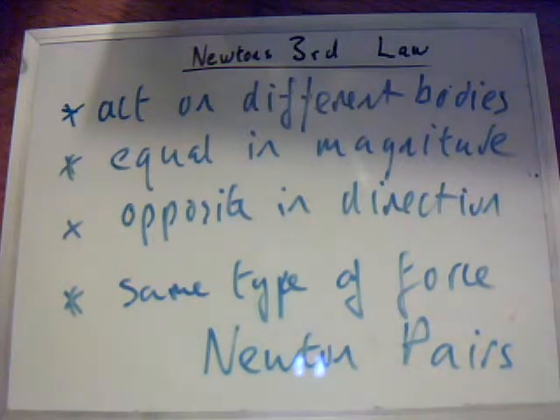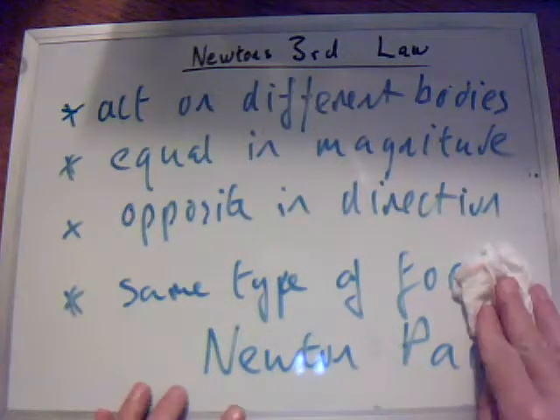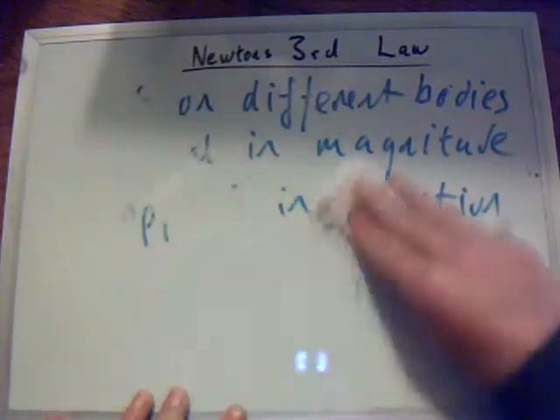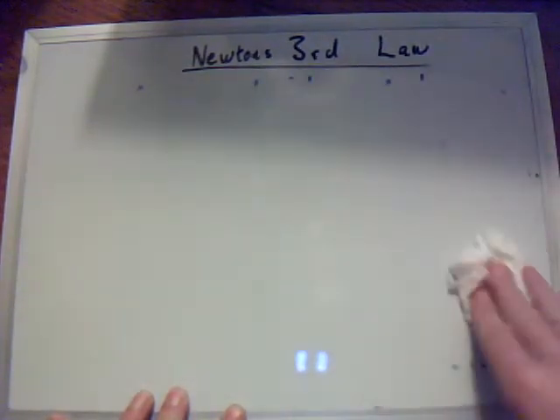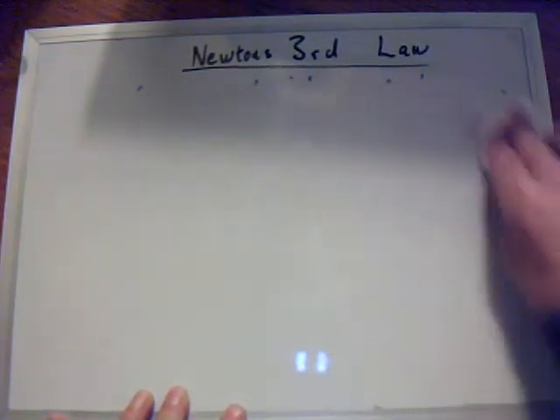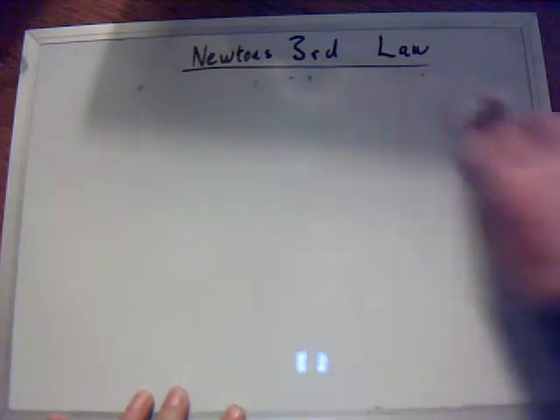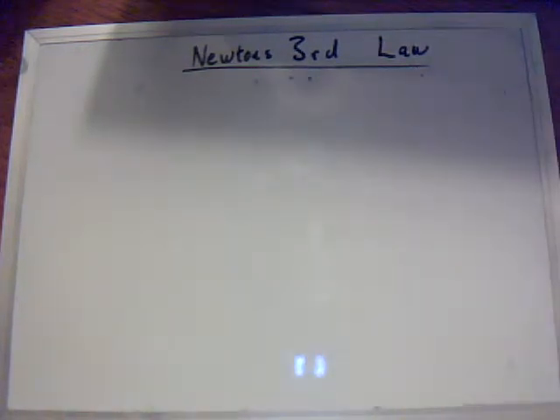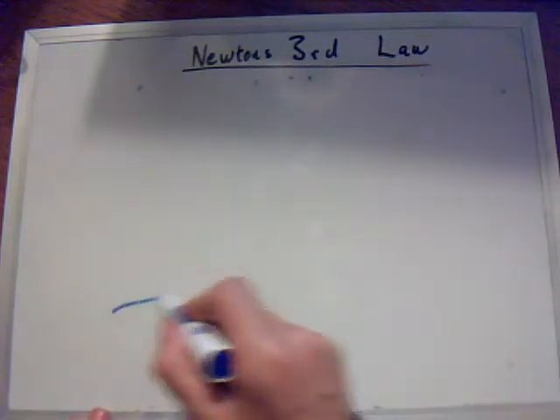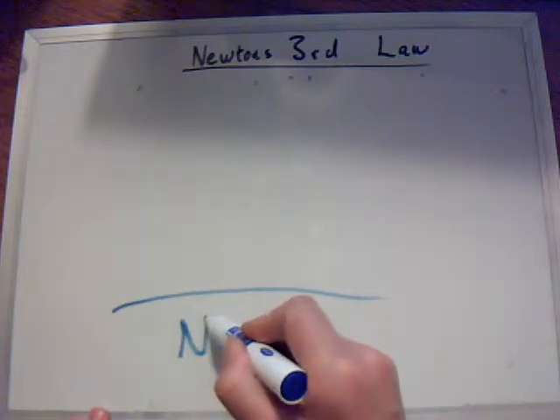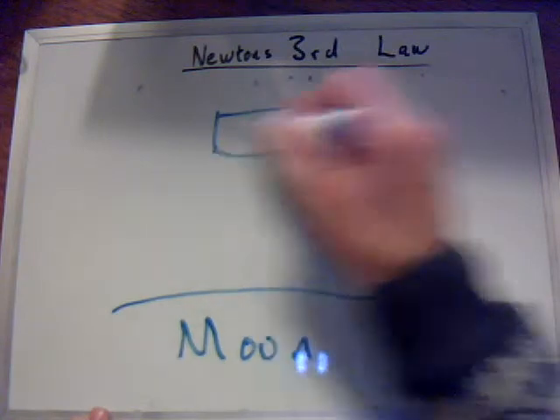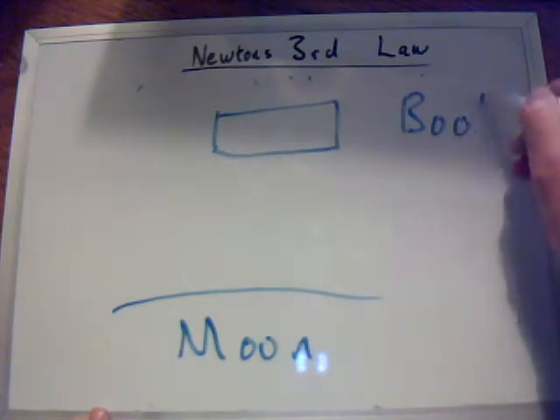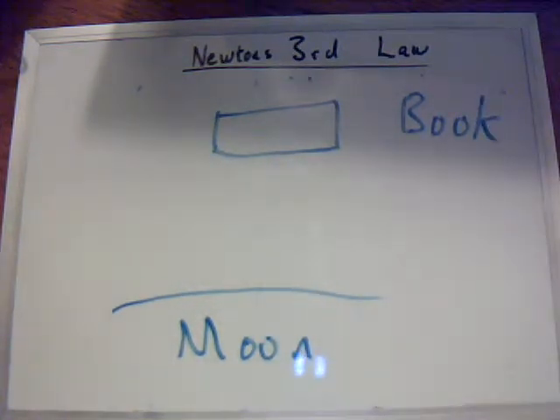So let's have a look at another example of Newton's third law. Well, let's say we've got a book falling. To remove air resistance from this, let's say we have a book falling towards the moon, so that doesn't confuse you with air resistance. So here's the moon, and here is a book. Now, let's look at Newton's third law here.